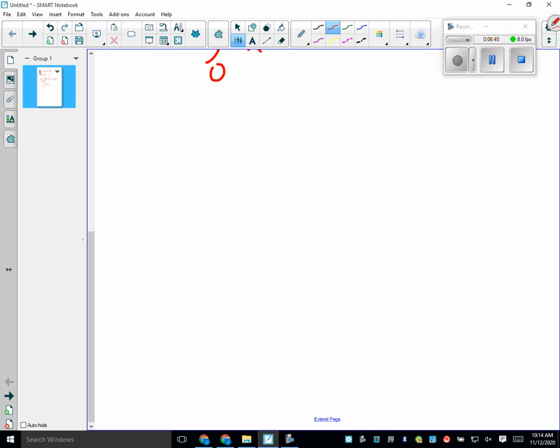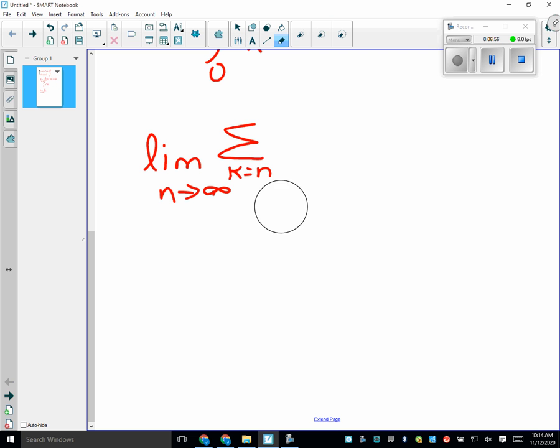The limit as n approaches infinity of the summation of k equals 1 to n.